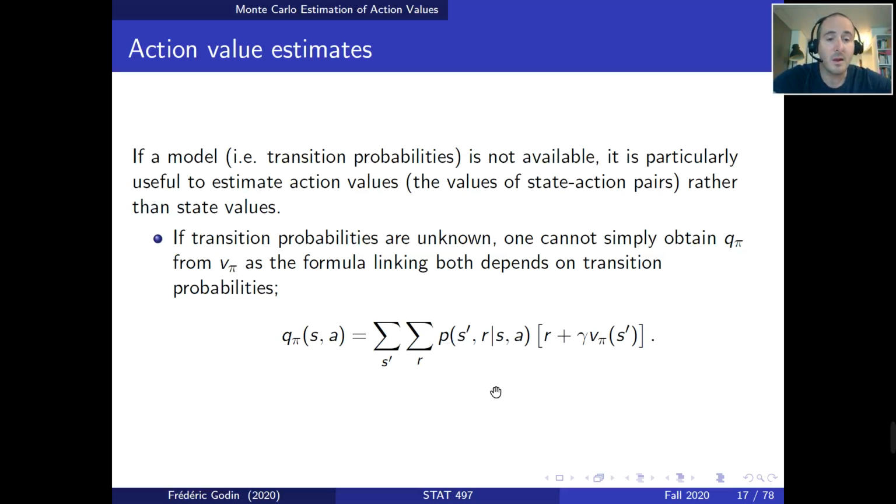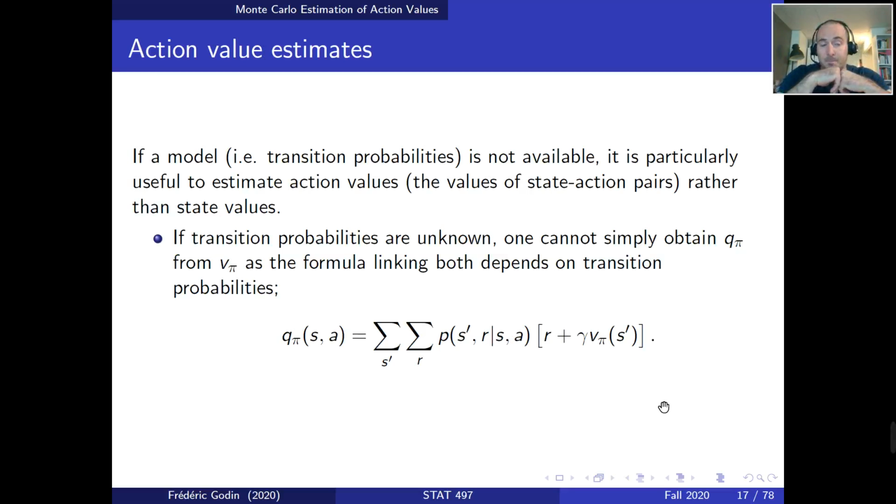So it's not automatic to obtain an estimate of the action value function if we know the state value function. So we need an algorithm to estimate directly the action value function. And why do we need that function?